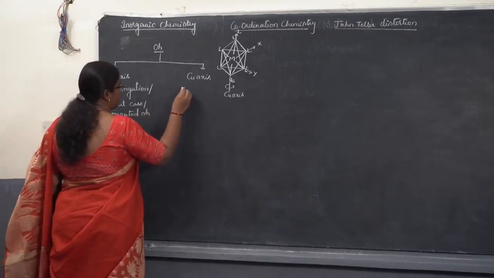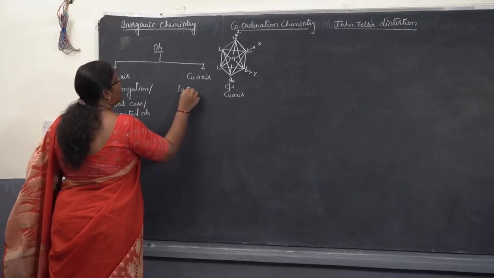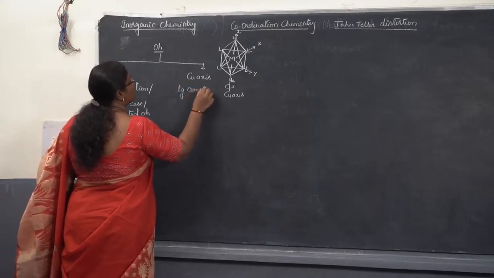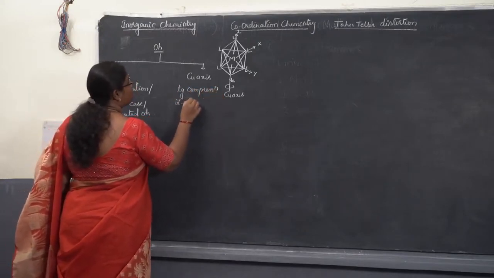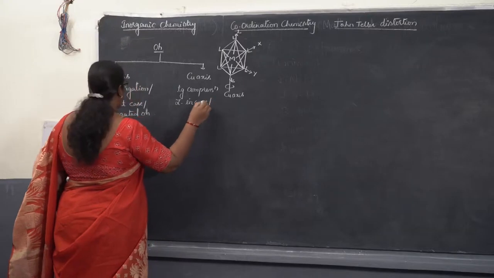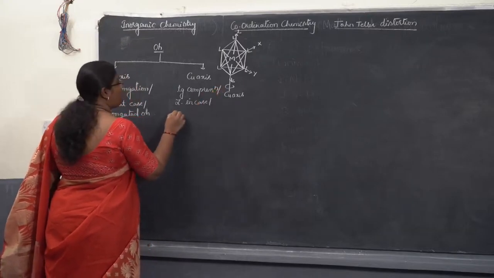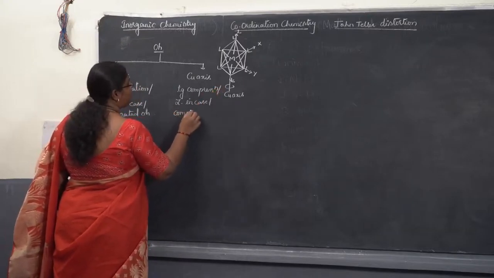And the second type of distortion is tetragonal compression, or we call it Z in case, or compressed octahedron.